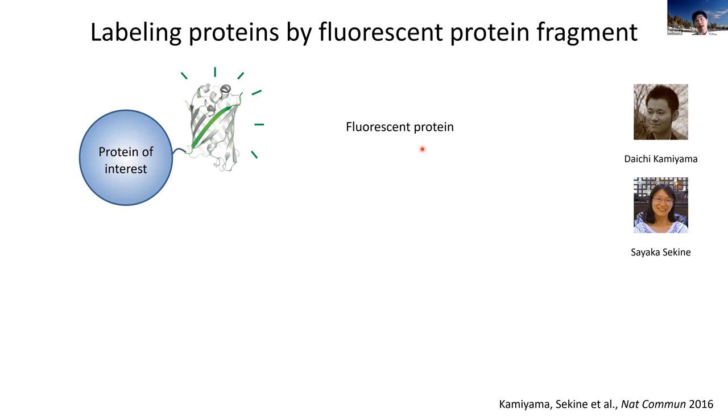This is the question that Daiji Kamiyama, a scientist in the lab who is now running his own lab at the University of Georgia, Athens, and Saka Sekeni, a postdoc in the lab who is about to start her own lab at Tohoku University in Japan, asked. And well, GFP is nice because it's entirely genetically encoded, so you only need to put in the protein sequence. By itself, it will generate the chromophore.